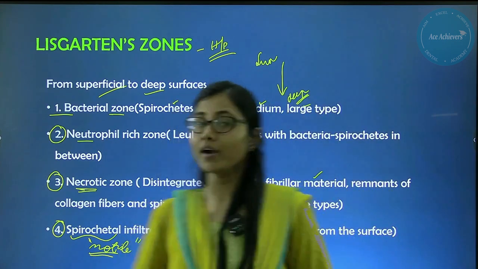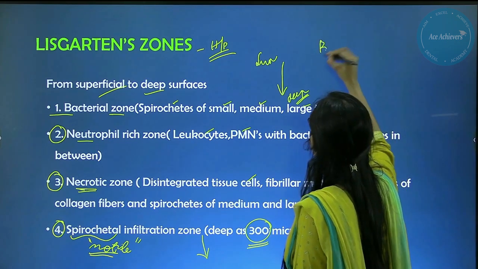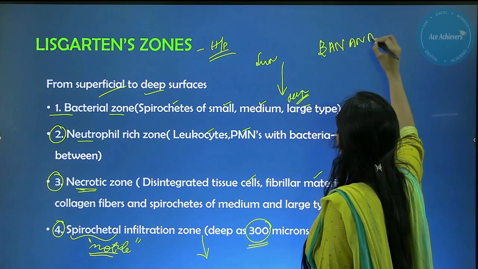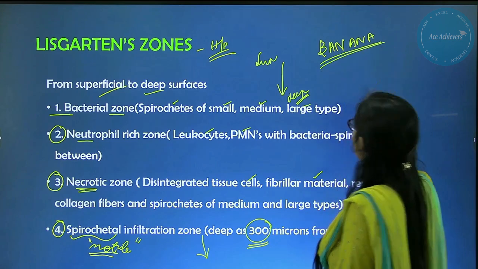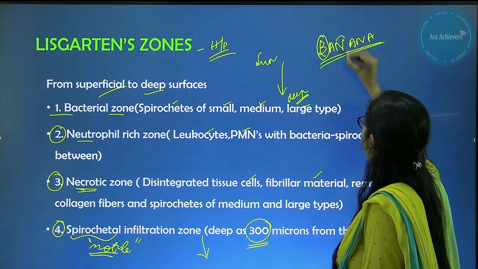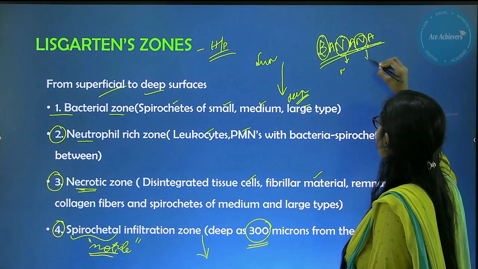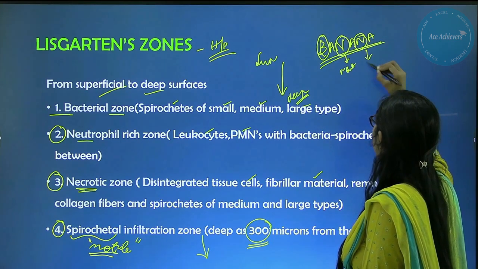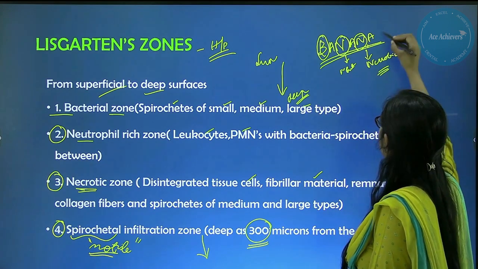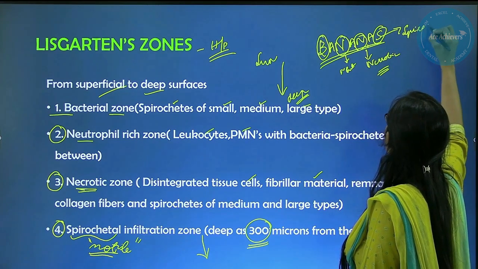I hope you understand this. Maybe you can remember these Listgarten zones with the mnemonic called BANANA. B stands for bacterial zone, N stands for neutrophil zone, the next N stands for the necrotic zone, and the last is the spirochetal zone.